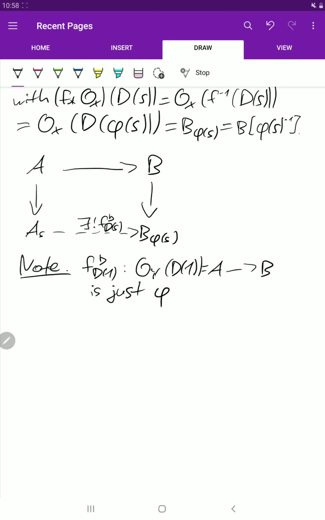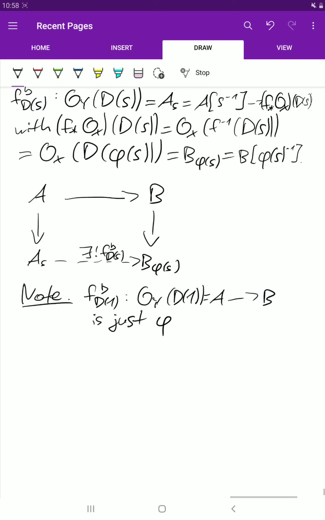And this already gives us a hint. So later we want a functor in the other direction, from affine schemes into rings, and this gives us a hint for later what it could be.